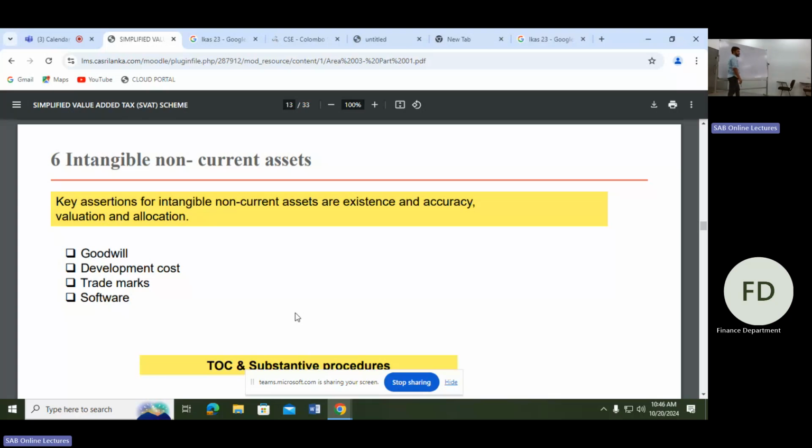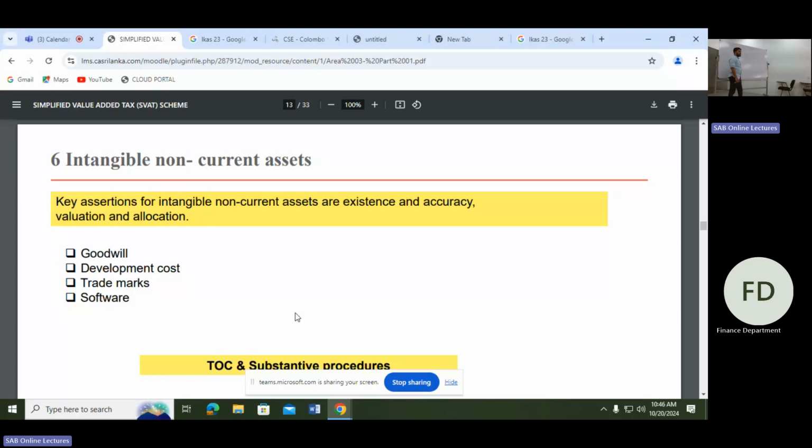So how about that? A tangible asset we can see, and it should be reflected in the books. That may be easy, right? You can do physical verification of tangible assets. But for intangible assets, there is no physical verification.